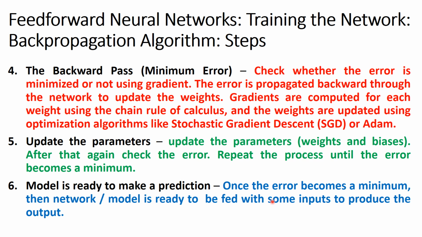Once the error becomes a minimum, then network or the model is ready to be fed with some inputs to produce the output. بعد ما يتأكد من إنه الخطأ وصل لمينيمم، الموديل أو الشبكة تم تصميمها بتكون جاهزة لأداء التاسك that it is designed to work for، يعني للمشكلة اللي تم تصميمها لحلها.